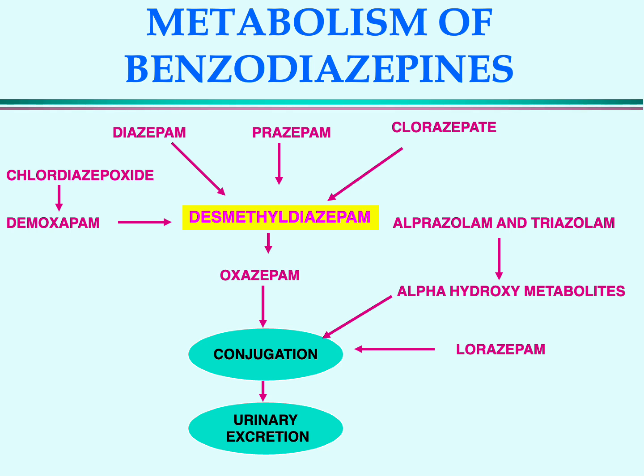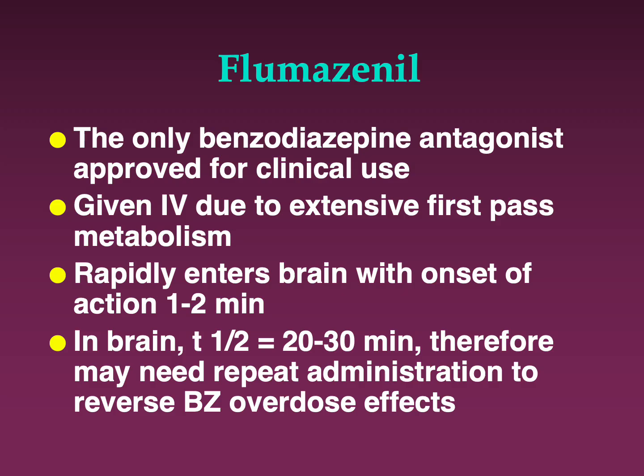Okay, so there are a couple of other compounds that I wanted to just mention a little bit about, which we already brought up briefly. One is flumazenil, which I've said is the only benzodiazepine antagonist that we have.